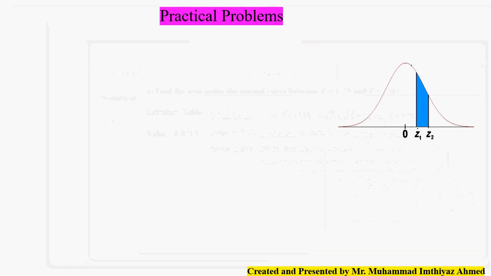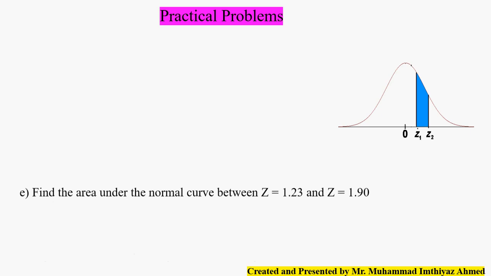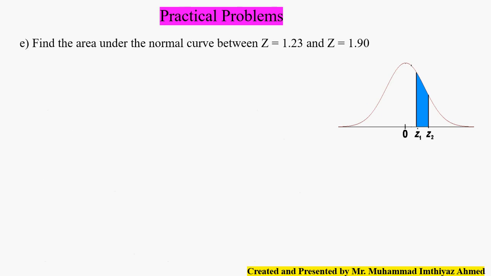Now let's move on to solve problem number 5. Now you may ask a question, what if the values are given on the same side, either on the right side or left side. Now let us see a problem. Find the area under the normal curve between z equal to 1.23 and z equal to 1.90.